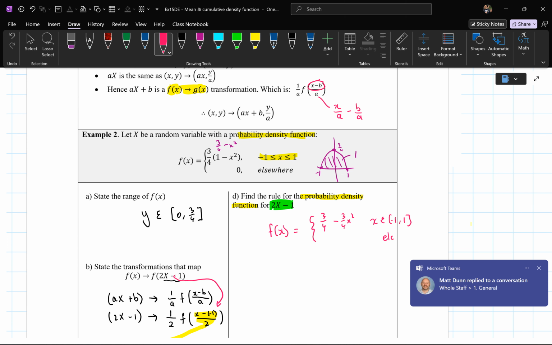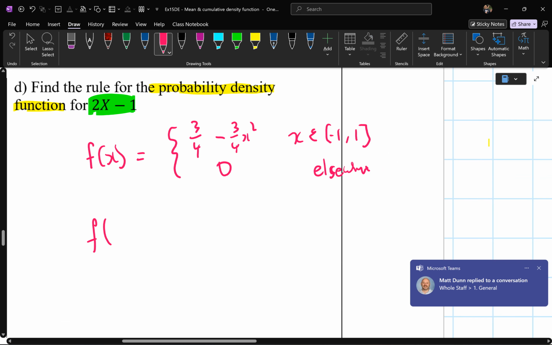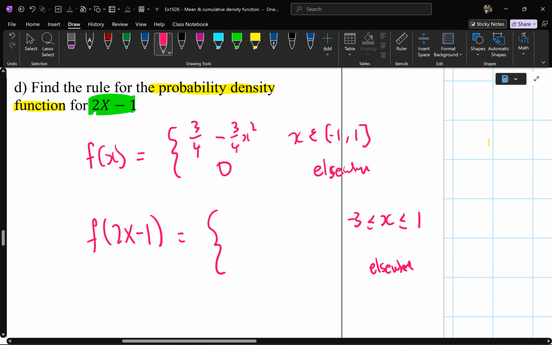Everywhere else is 0. How do you convert this if we've got now f of 2x minus 1? They're asking what function. So we worked out the domain. Domain was -3 to 1. How do you work this one out?